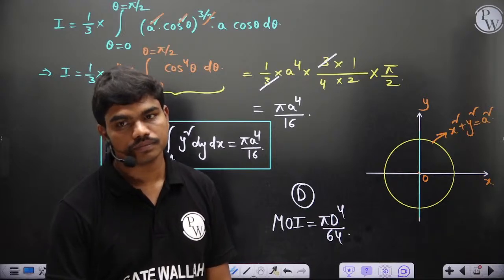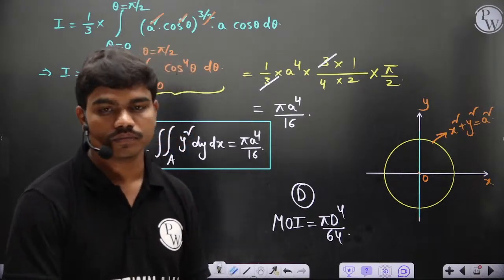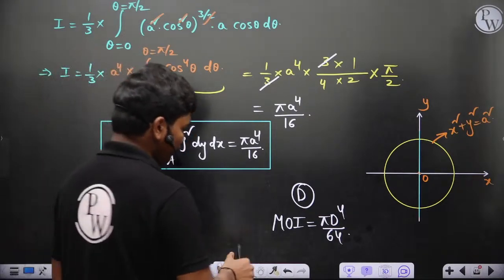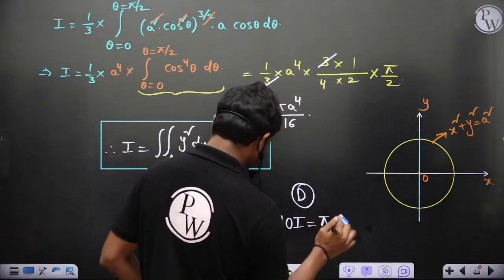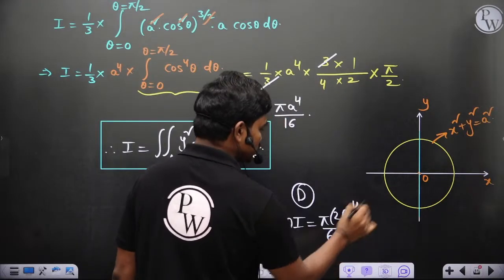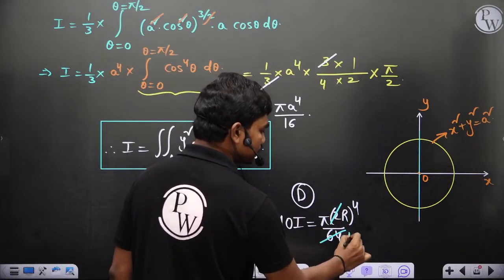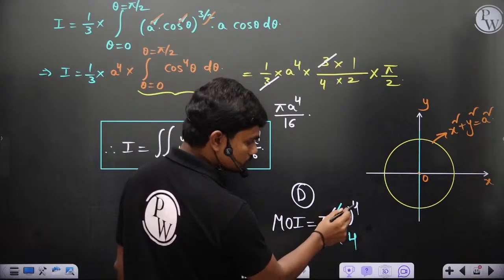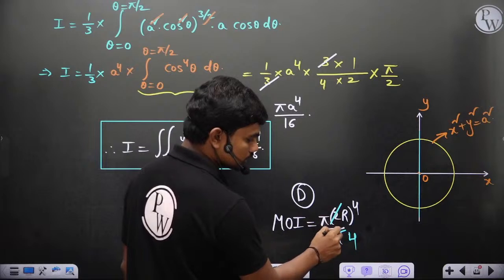Yeah, okay. Then if you convert this diameter to radius, you have 2 radius power 4, and 2 power 4 is 16, which cancels the 64 four times.